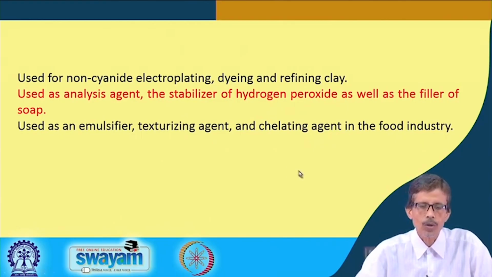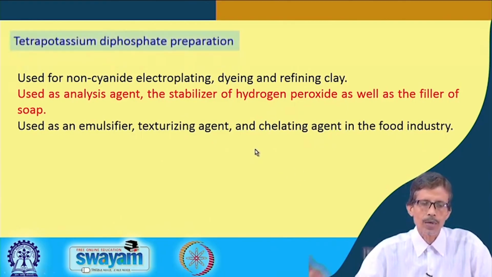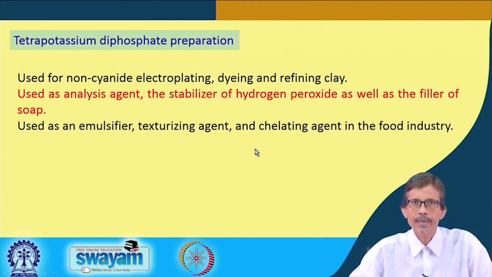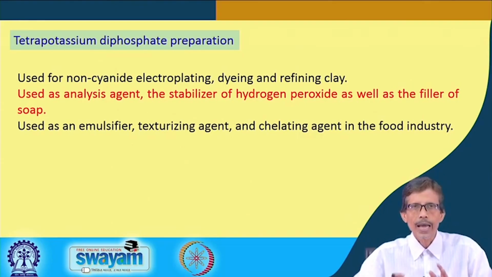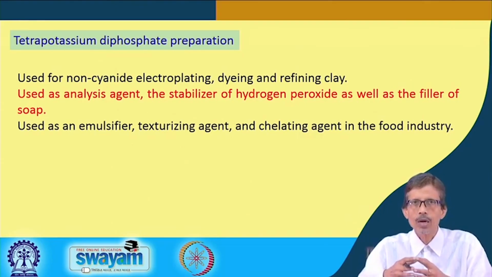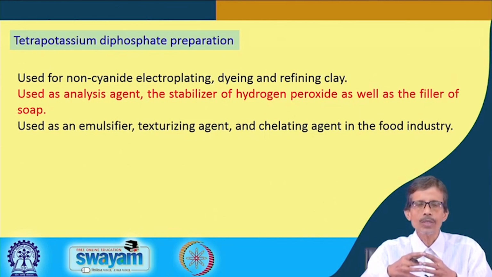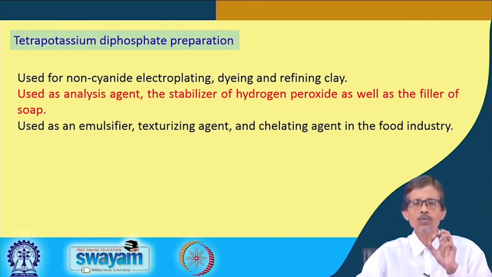What are those compounds which will be useful for this purpose? It's basically a tetrapotassium diphosphate compound, and how we will prepare that. By knowing the name of that compound, we should be able to tell that it is not a simple phosphate salt, it is a diphosphate salt. So two phosphate units, because these phosphate units are always very interesting.